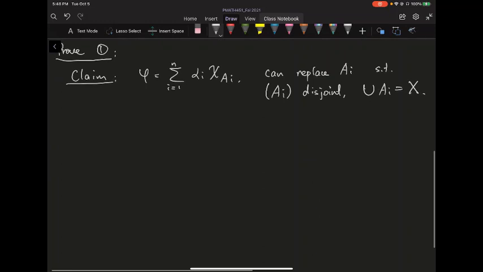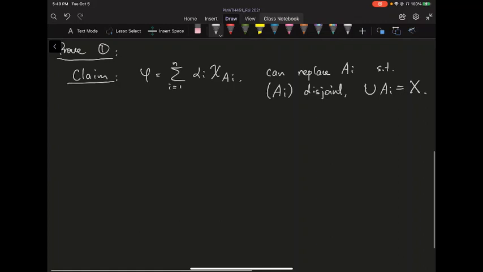To show that, this is really my favorite trick I introduced in the lecture on the simple functions. You can define, let's say, A of U, where U is a subset of 1 to n.